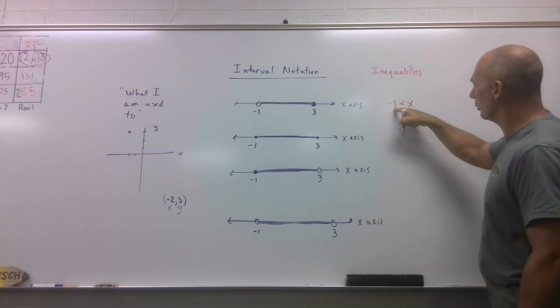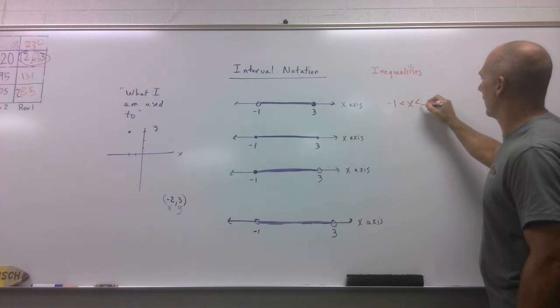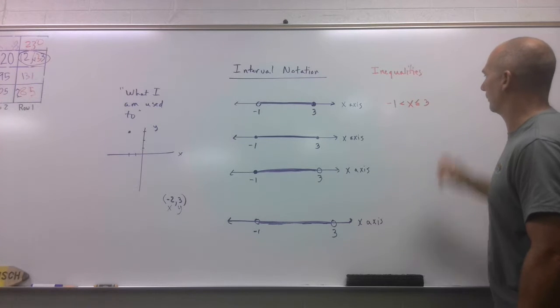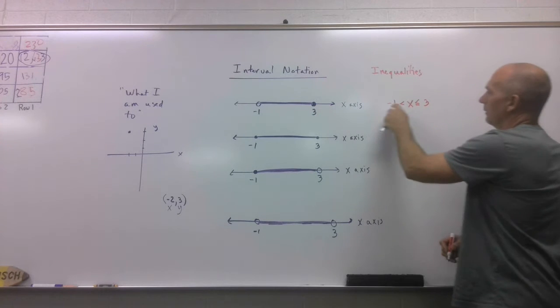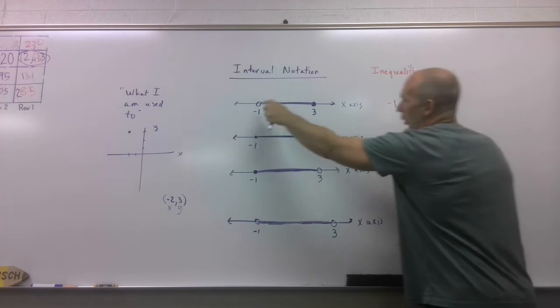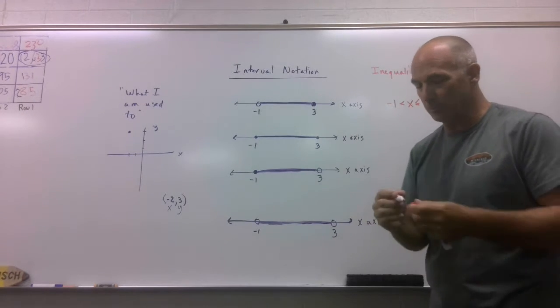It does not include -1, that's why it's strictly greater than, but it's also less than or equal to 3. Notice, less than or equal to, filled in dot, strictly greater than, open circle, because it doesn't include it. Hopefully that jogged your memory a little bit.